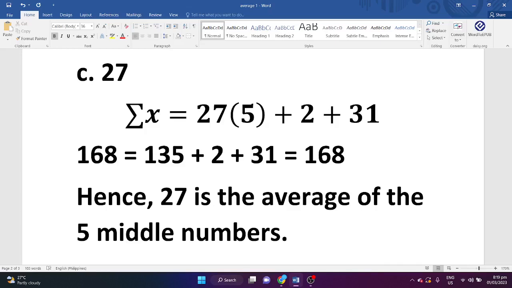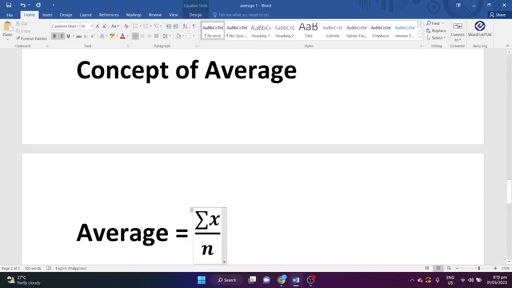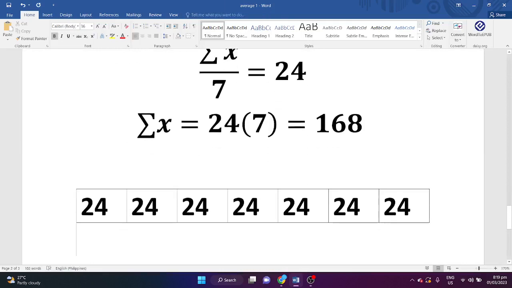Another way to do this is to use a model approach. In this case, let's have a rectangular bar model, and I divided this into 7 equal parts because we are given 7 numbers in our data set.